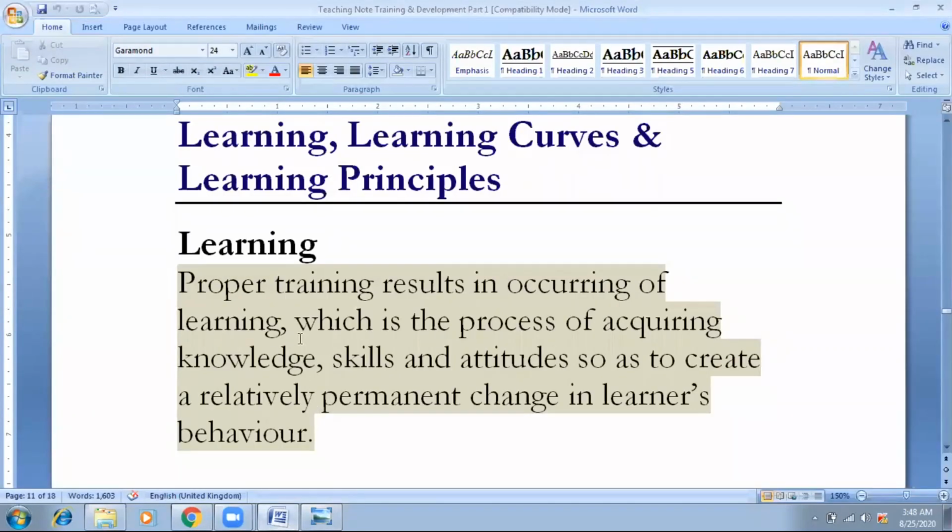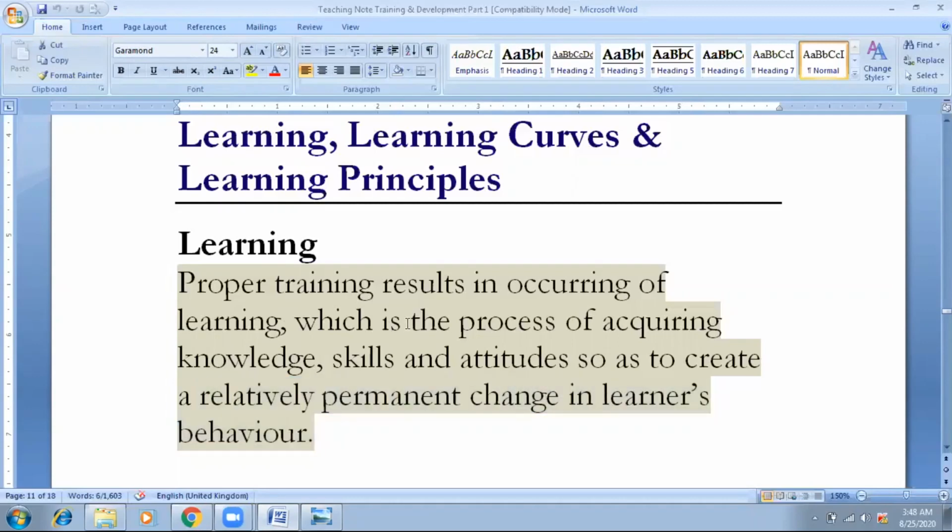Now, what is learning? Proper training results in the occurrence of learning, which is the process of acquiring knowledge, skills, and attitudes so as to create a relatively permanent change in learners' behavior.